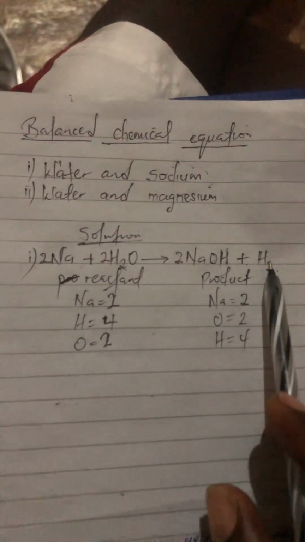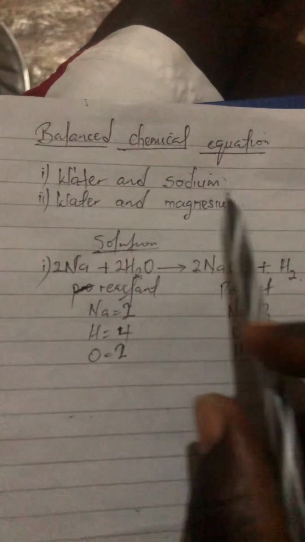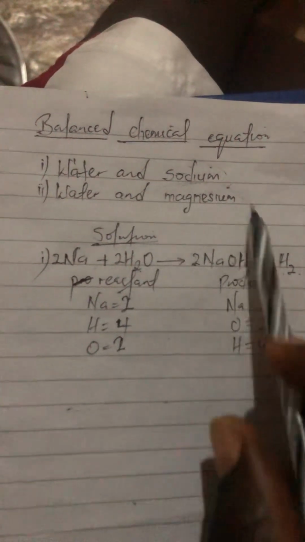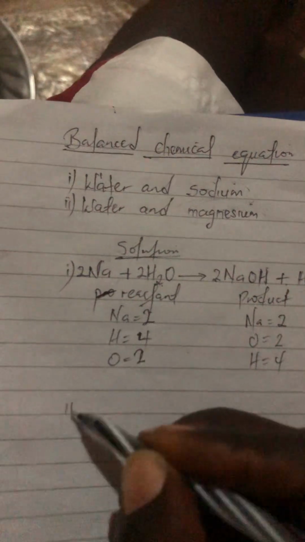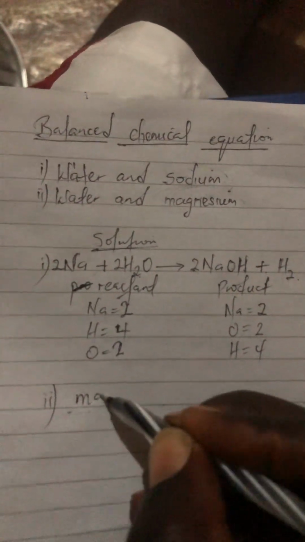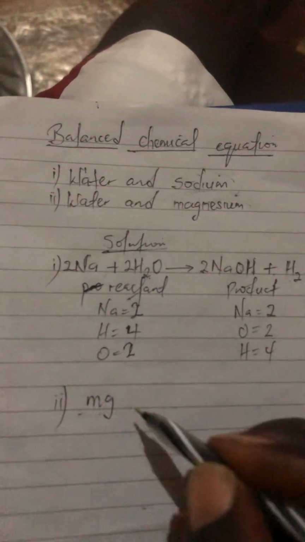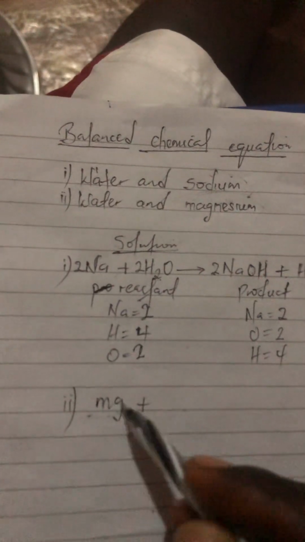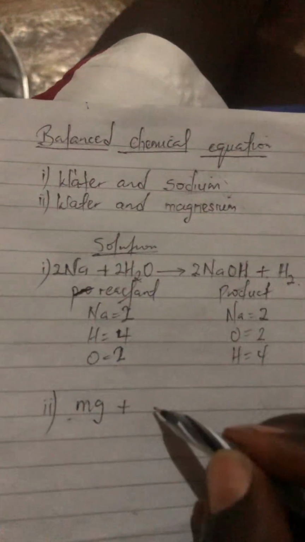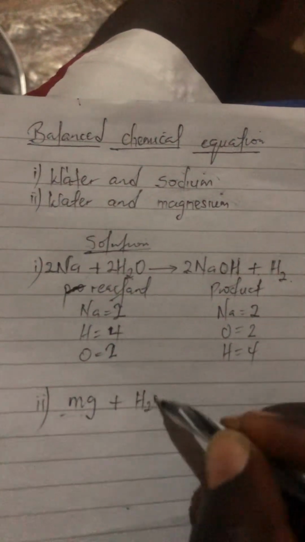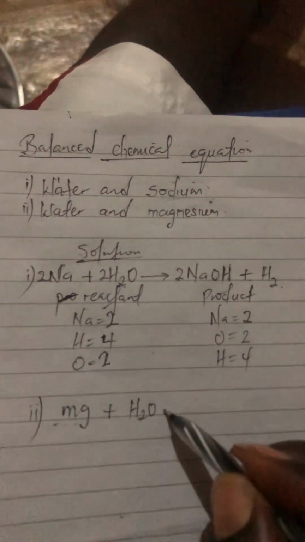and hydrogen gas. Now the second one, as I said, you have to first write the metal itself, which is magnesium, and the symbol for magnesium is Mg. Mg plus, we said magnesium reacts with water, so we are going to write again H2O. Now what is this going to form?